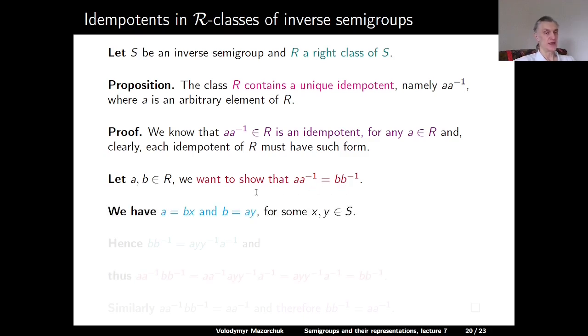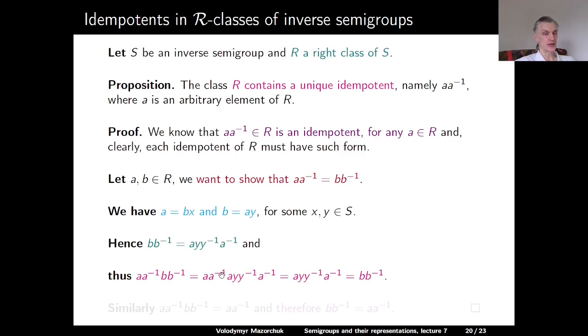So since A and B are R-related, A is equal to Bx and B is equal to Ay for some elements x and y in S^1. Hence, B B inverse is equal to A y y inverse A inverse, and A A inverse times B B inverse is equal to A A inverse A y y inverse A inverse.